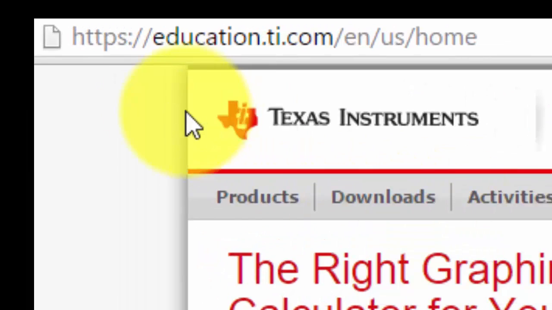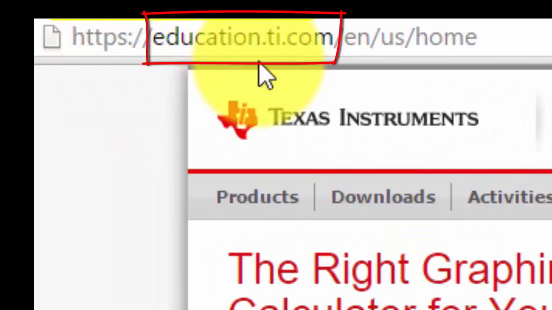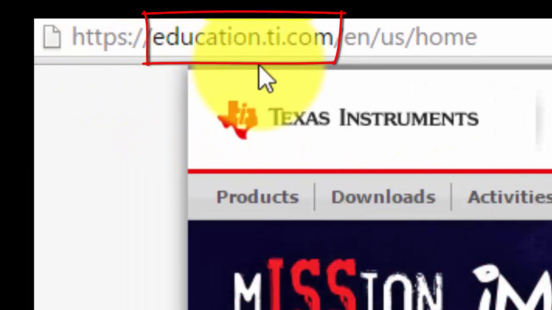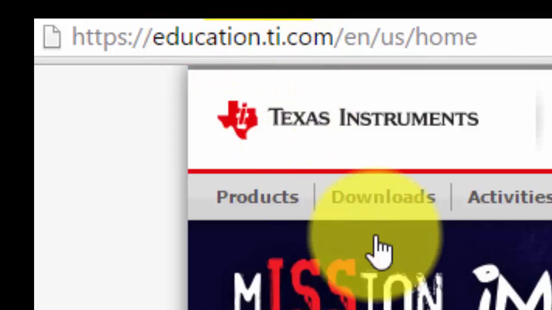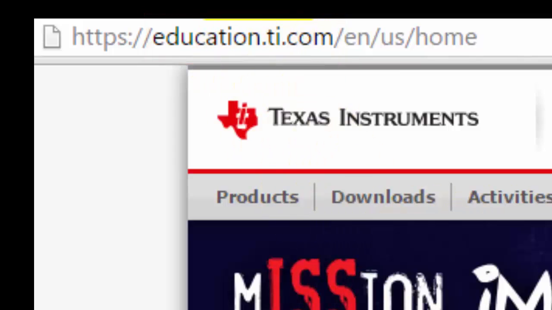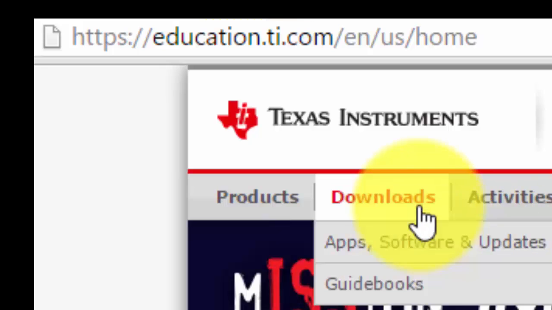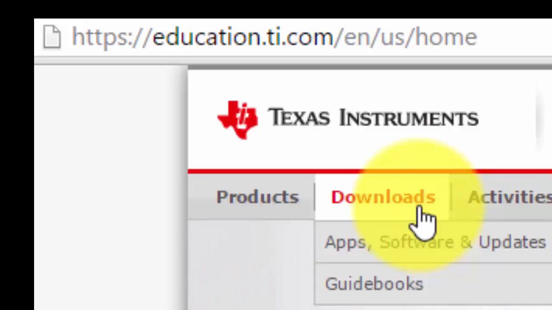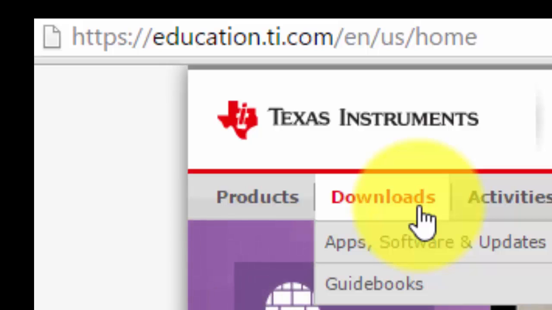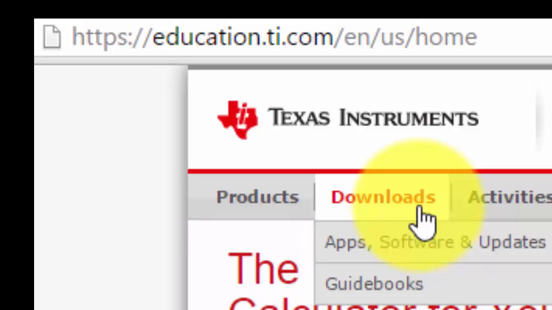If you go to education.ti.com, the website, then you go to downloads. Alternatively, if you search your favorite search engine like Google, it can also come up with a direct page for download. So you just search for TI-Nspire student edition emulator download, and things like that.